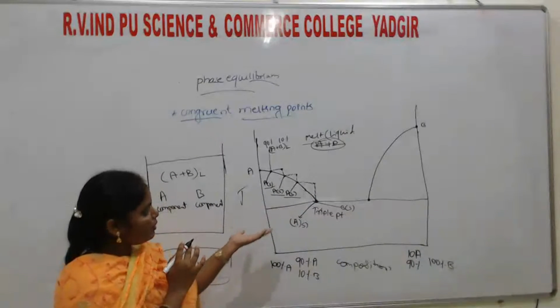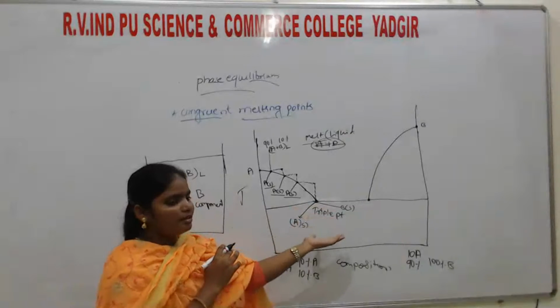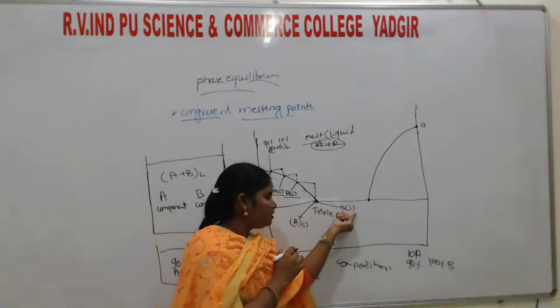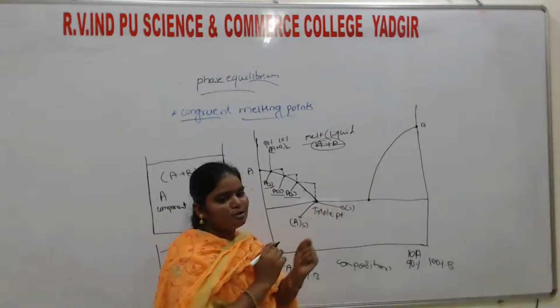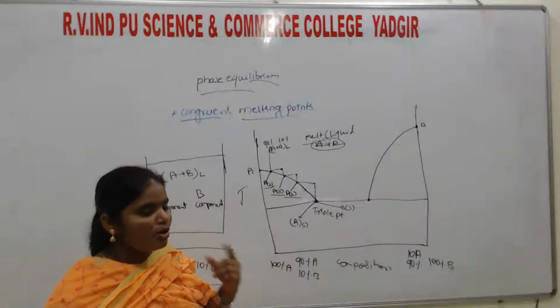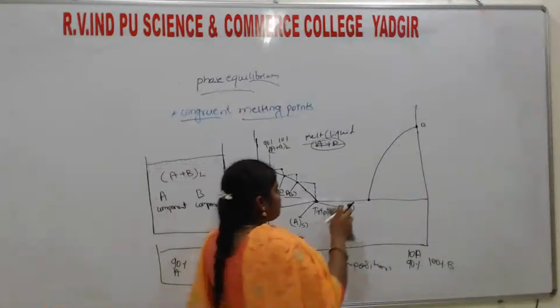In a one component system, B starting to solidify here is not possible here; another new compound is formed at this point.